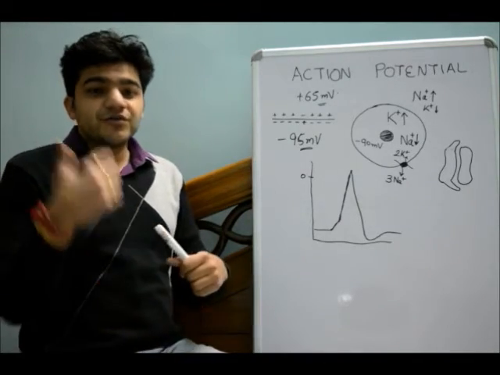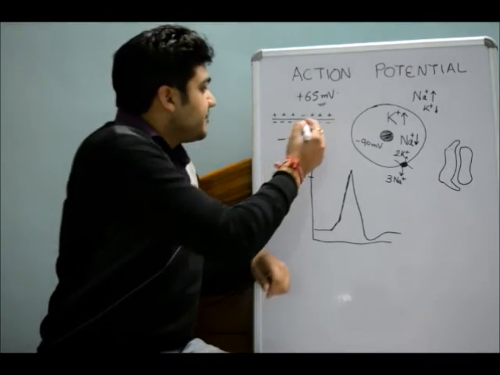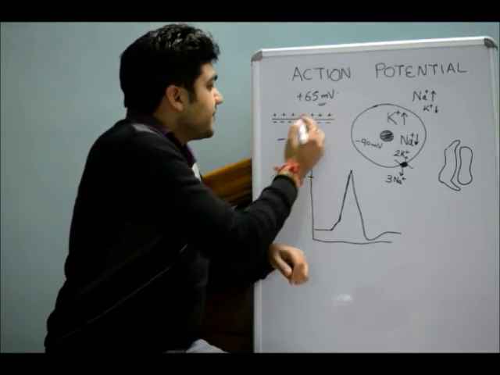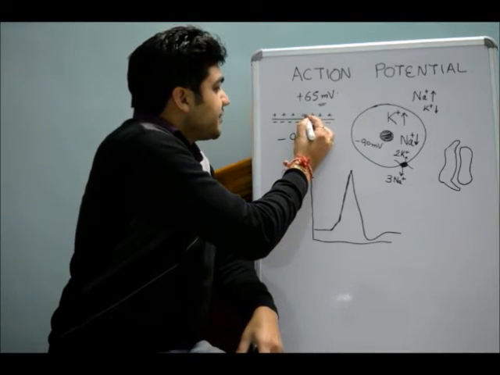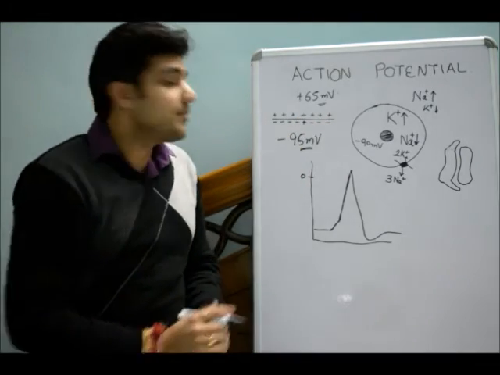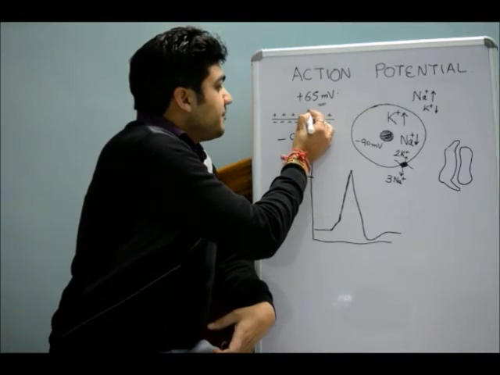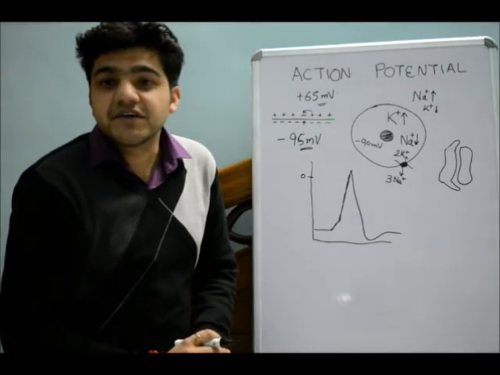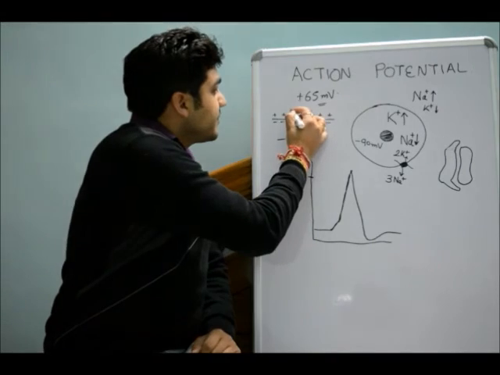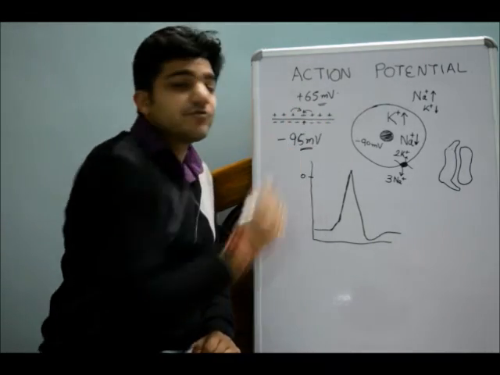So how is it transmitted? It is very simple. As stated here, there is a negative potential at this part of the membrane, so it will be making small currents here. So small currents from here can flow.